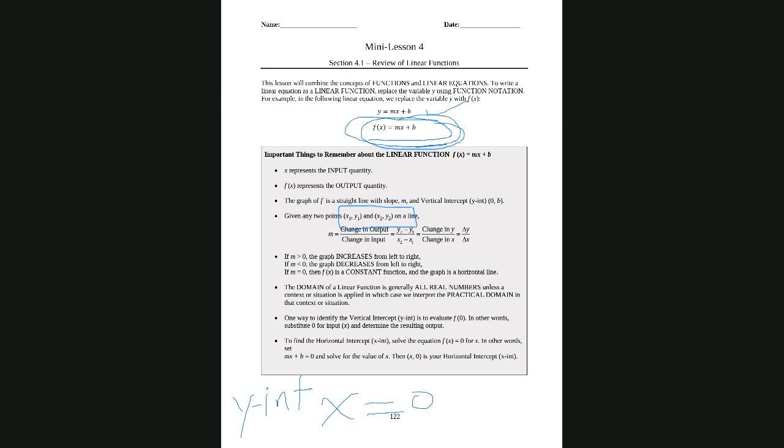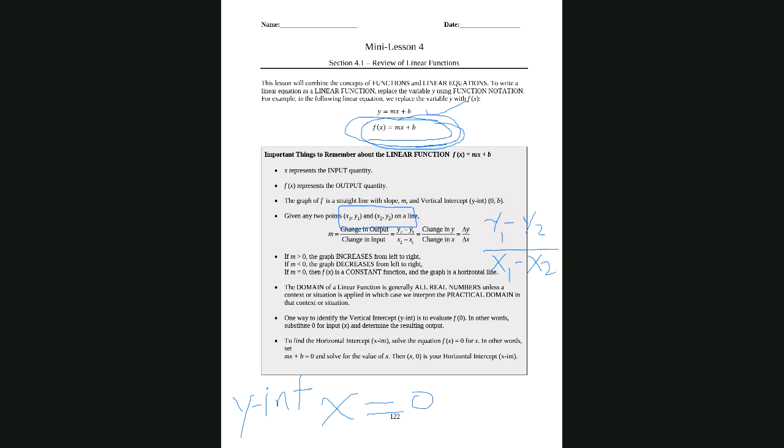The change in output, that is the y values, you subtract those two, y2 minus y1 or y1 minus y2, and then you do the same for the input. So if I do y2 minus y1, I have to do x2 minus x1. If I do y1 minus y2, I have to do the same at the bottom, x1 minus x2.